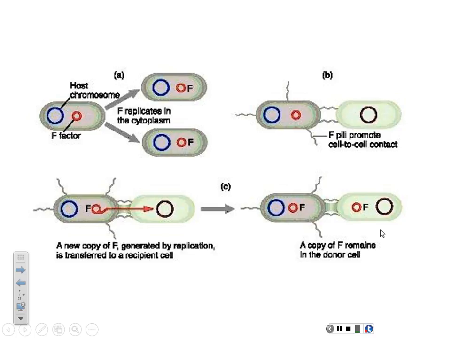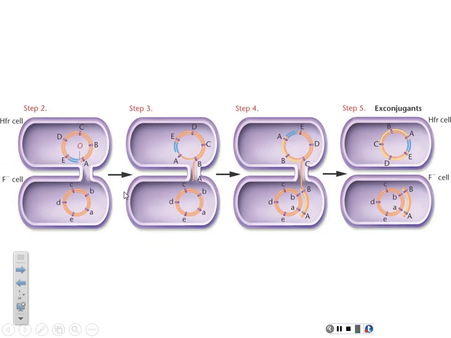And it has all the stuff that you need to initiate a replication of that F plasmid. But then what happens is after you've copied the F plasmid, the DNA polymerase just keeps running right along, and now it's making a copy of the E. coli genes.